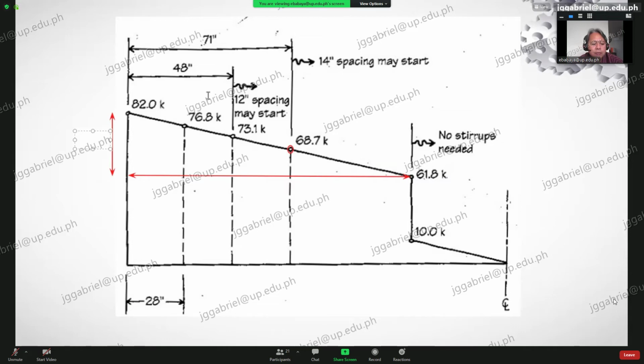So 82 minus 61.8. Okay, that's 20.2. So this is 20.2.